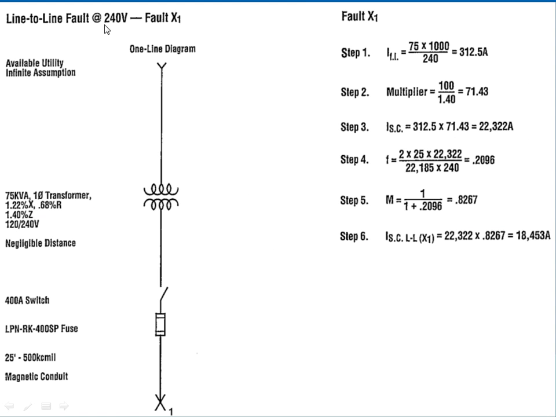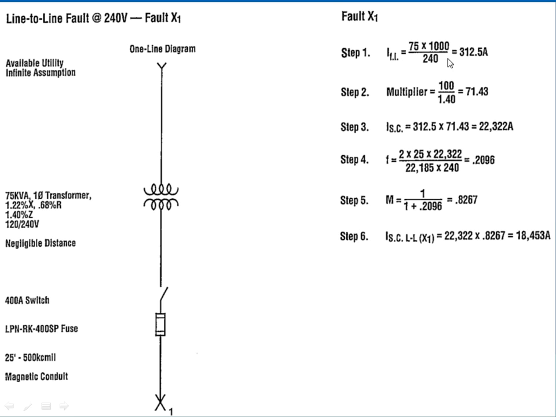This is very easy. It looks at 240 phase, guys, and you have to find how many feet. There's a 400 switch. Here's the fuse that we're using, 25 feet of 500 kcm. You have to have the F factor. There's an F factor, an M factor, and so forth. And here's an example of how they do it.